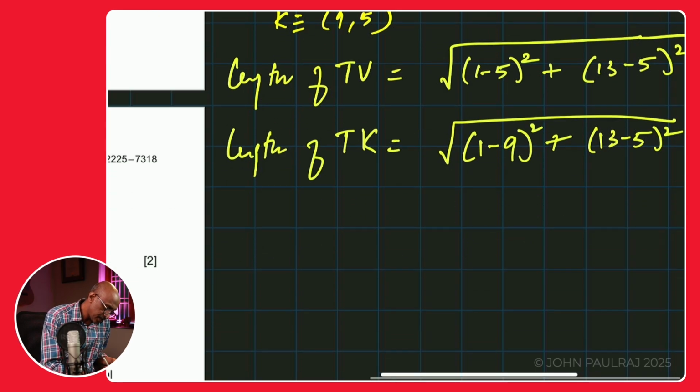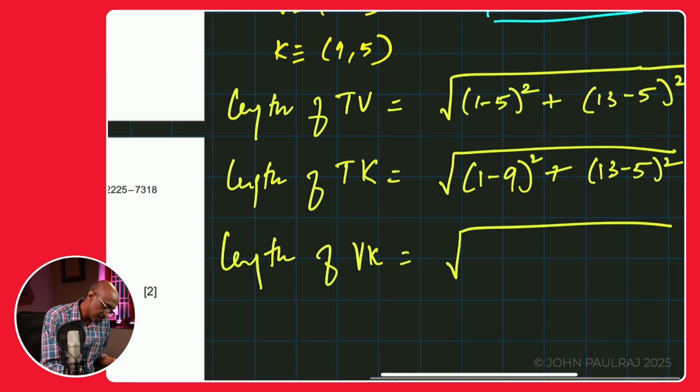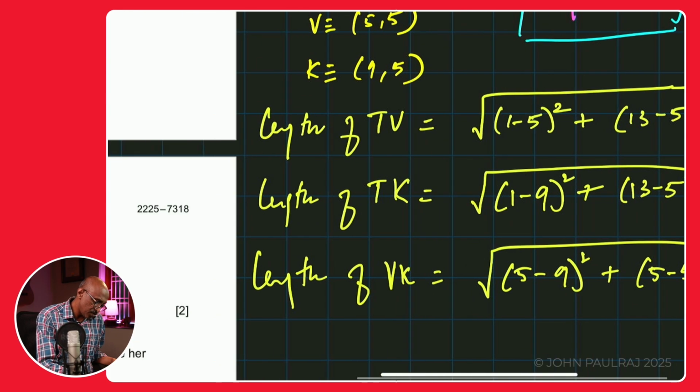In the same way, length of VK should be equal to under root of 5 minus 9 the whole square plus 5 minus 5 the whole square. That's going to turn out to be 0.